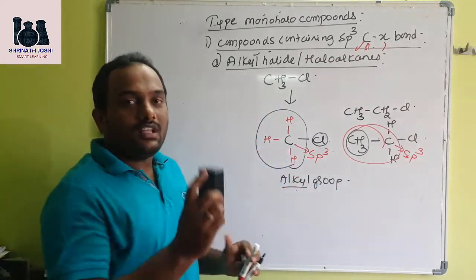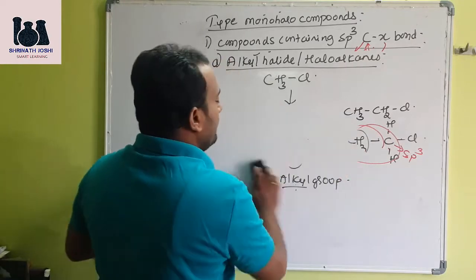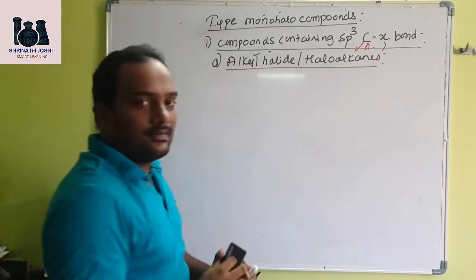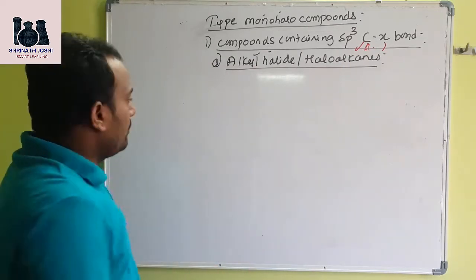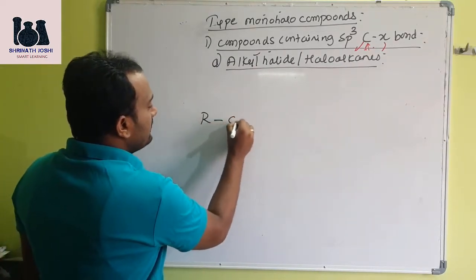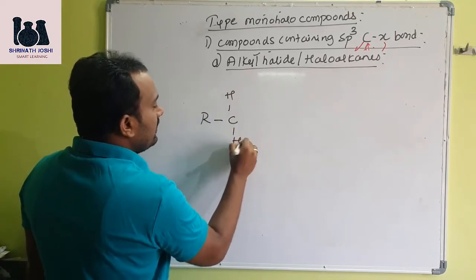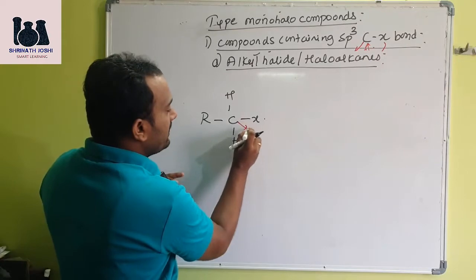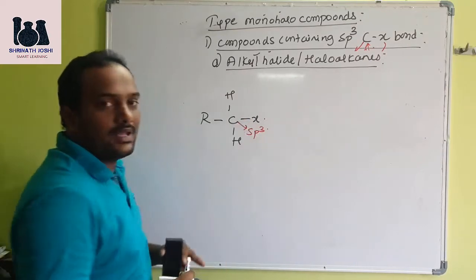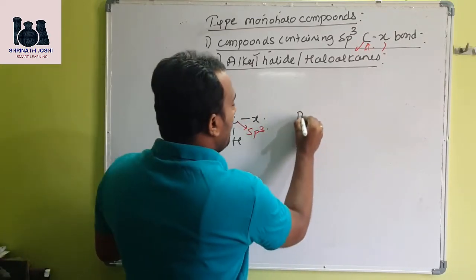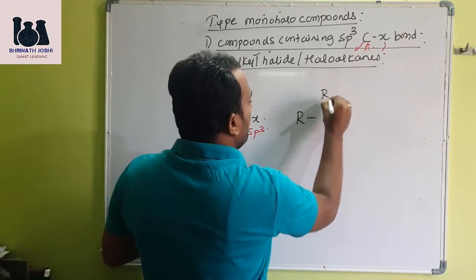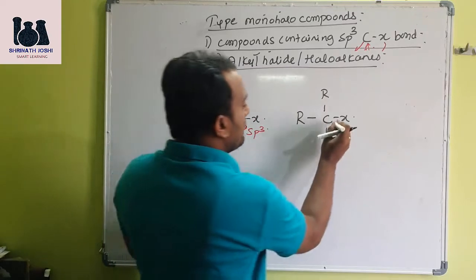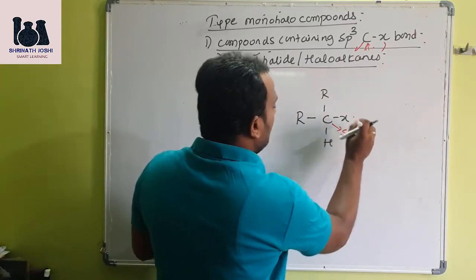Again, look into classification of alkyl halide. I will write one more concept over here so that the concept again becomes more easier. Now some compounds I write on the board. We have R, C, H, and X. No doubt here the carbon is what hybridized? sp3. Am I right? Second compound I write R, C, R, H and X. Here also no doubt carbon is sp3 hybridized.